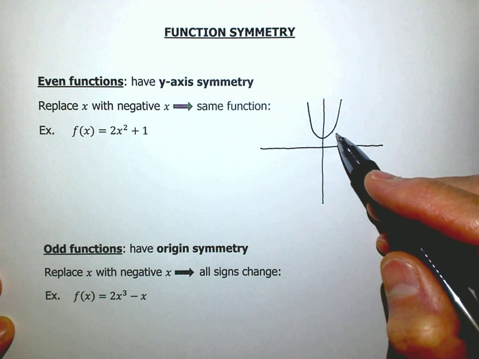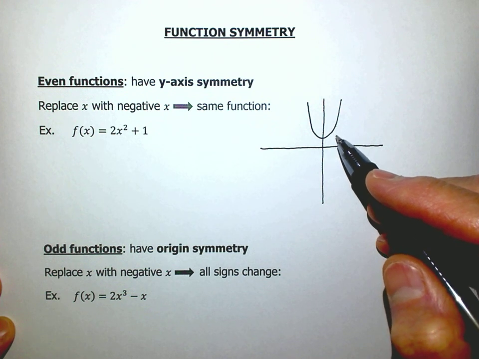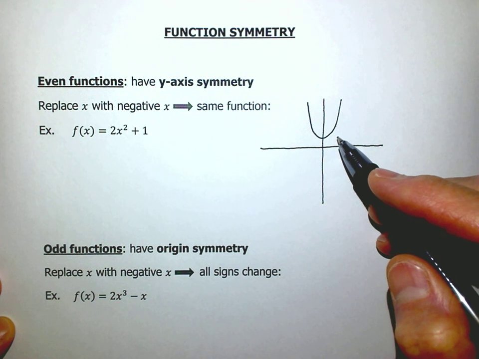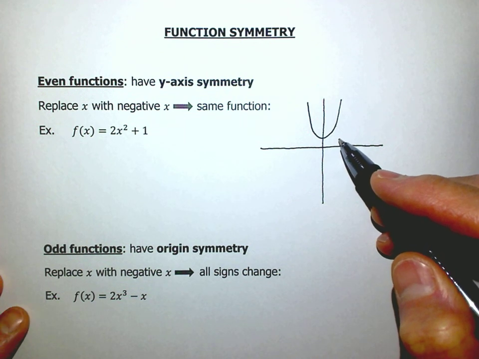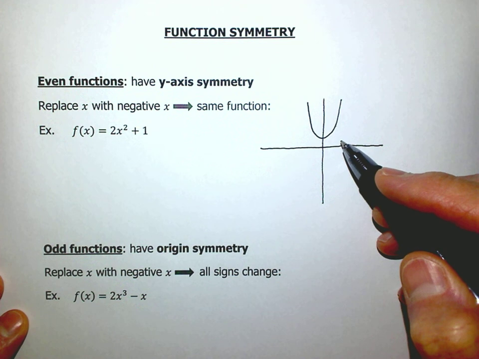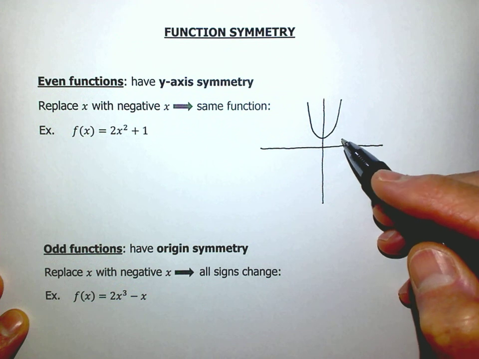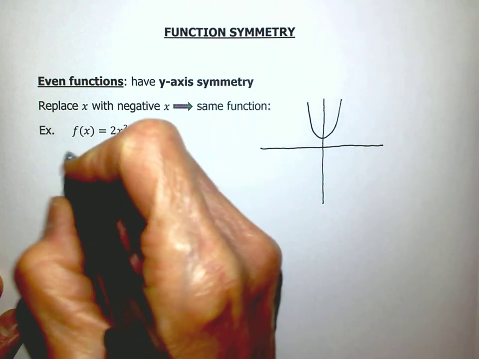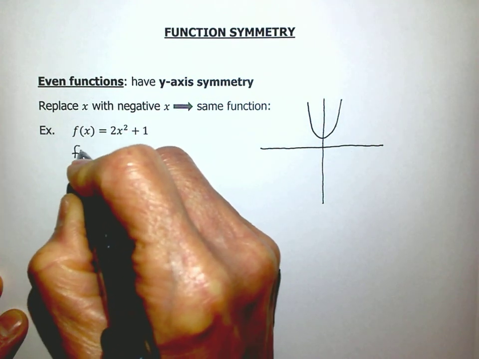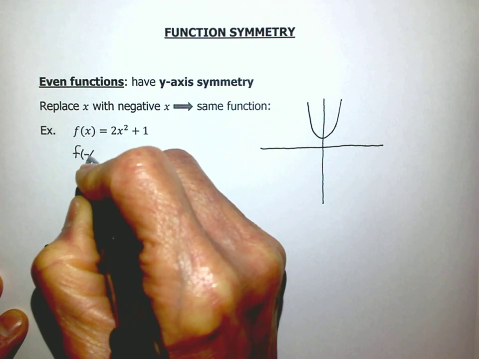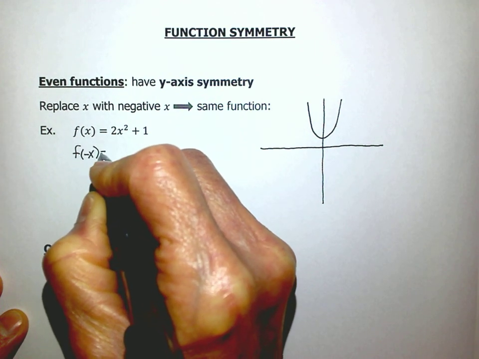We can also check to see if a function is an even function algebraically. If we replace x with negative x and simplify the result, we should get back to the original function. So I'm going to replace x with negative x in this function.